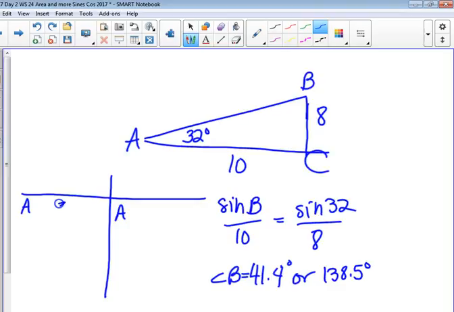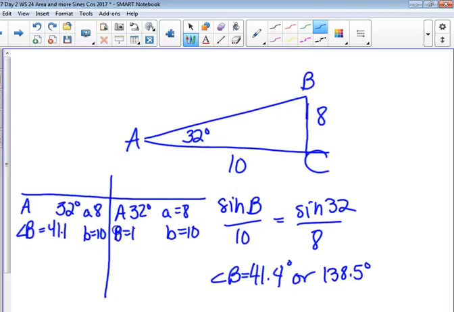Angle A is 32 no matter what, right? Side A is 8 no matter what. Side B is 10 no matter what. But angle B could be either 41.1 or 138.5. Now, does that change C? Absolutely.